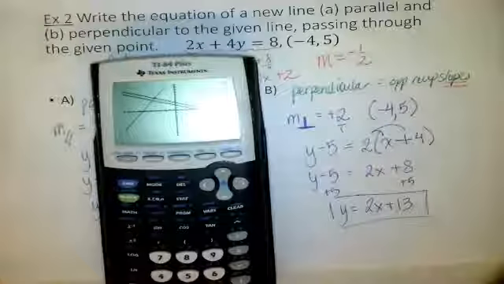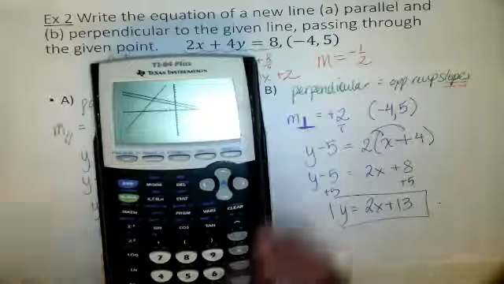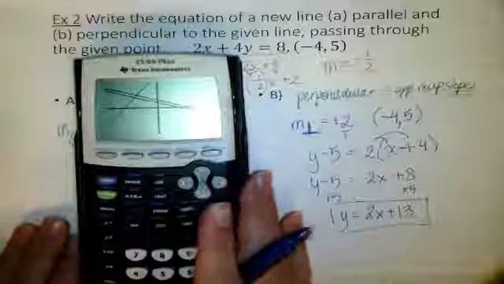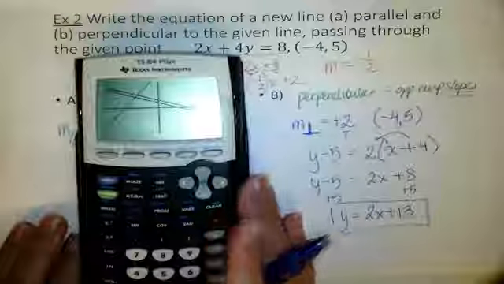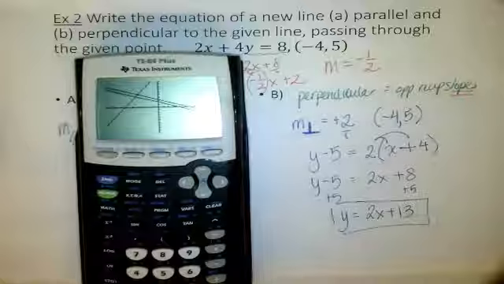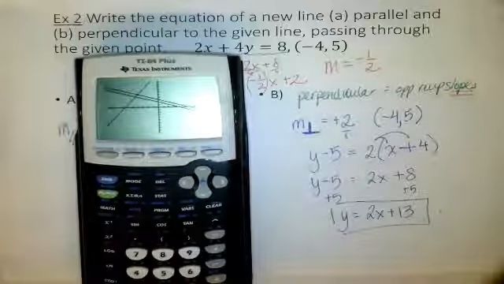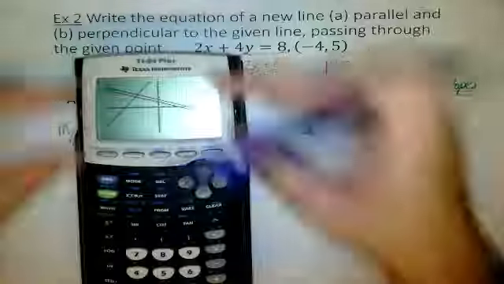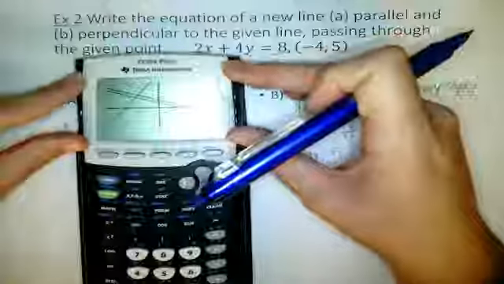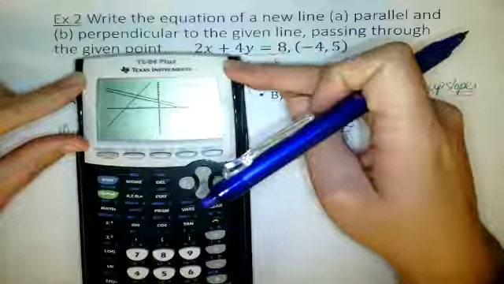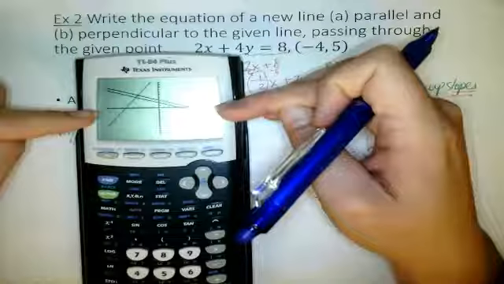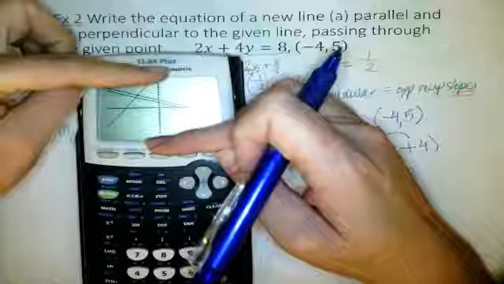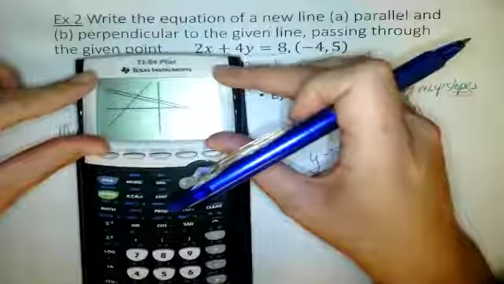So when I look at that perpendicular line, does that thing look perpendicular? Really? No. So why doesn't it look perpendicular? Because my window is not a square. There are 20 tick marks from left to right and 20 tick marks top to bottom, equally distributed in a rectangle, not a square.